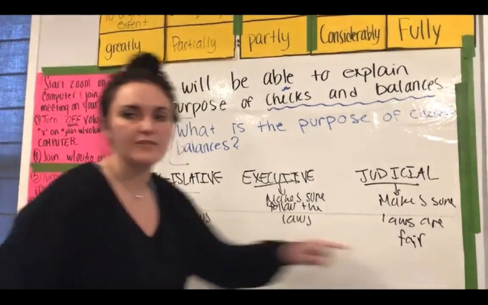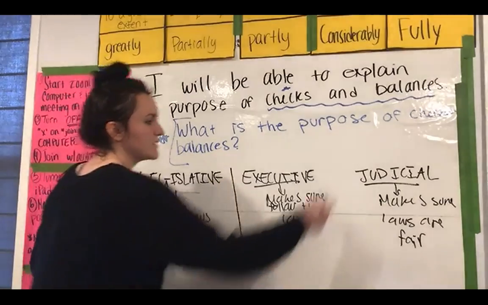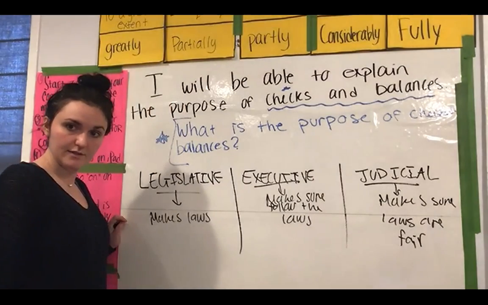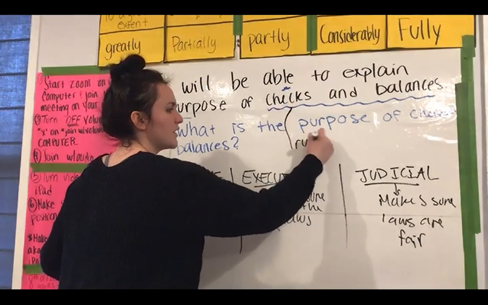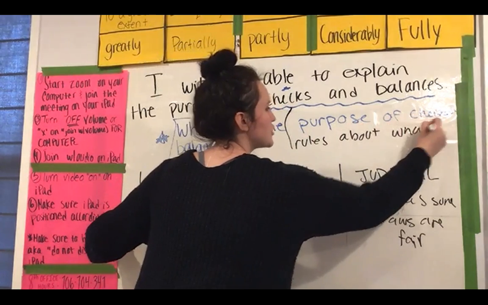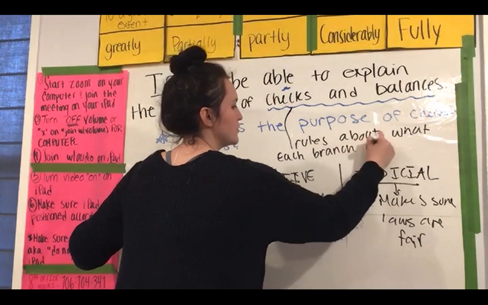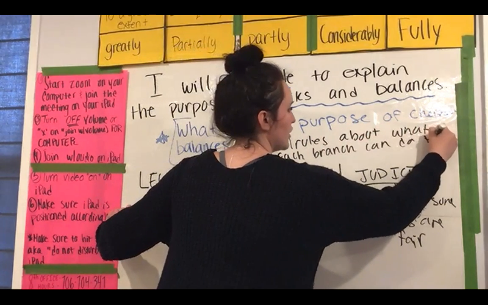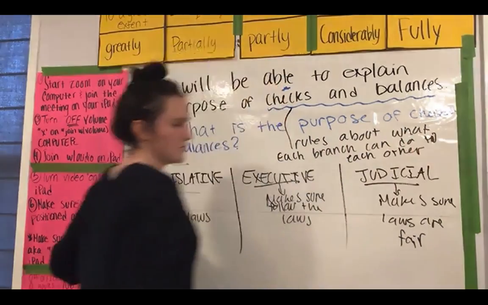Each branch has a different set of powers. Each branch has a separate set of responsibilities. There are also rules about what each branch can do to each other. There are also checks and balances.